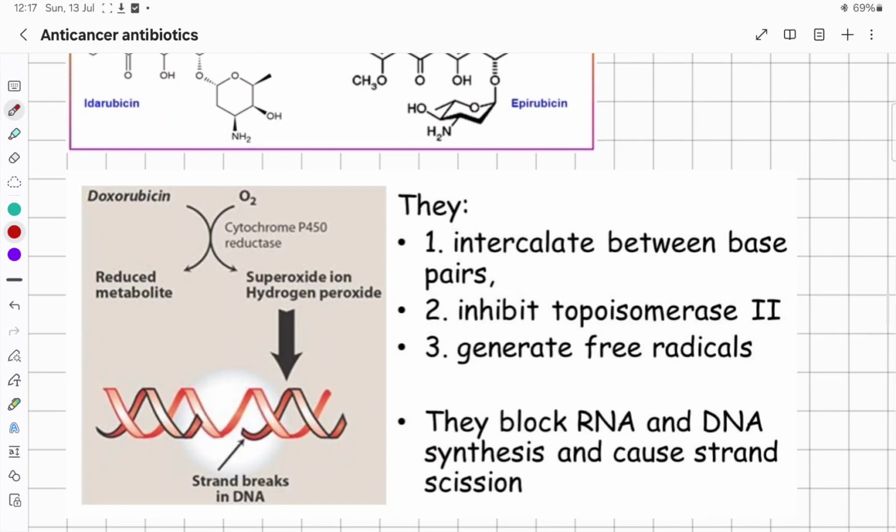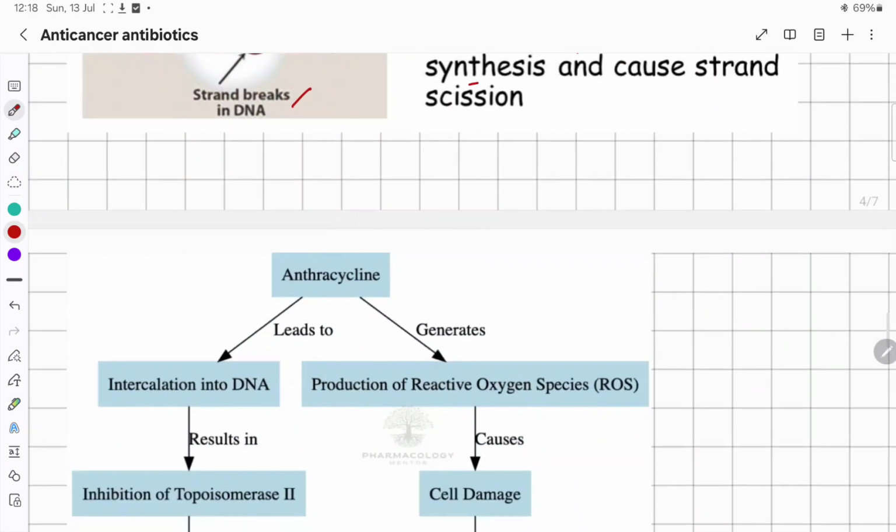The mechanism of action in detail: one is intercalation of base pairs, inhibiting topoisomerase 2, and generating free radicals like superoxide, hydrogen peroxide, which cause breaks in the DNA, and in addition they also inhibit RNA and DNA synthesis.